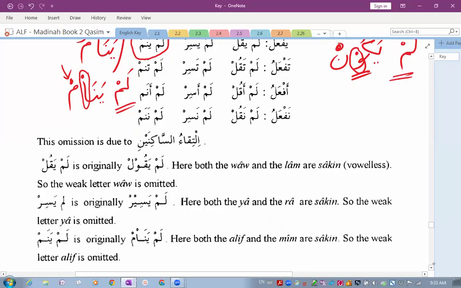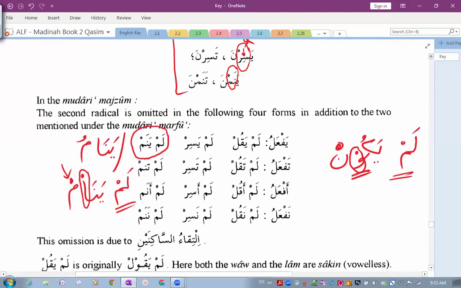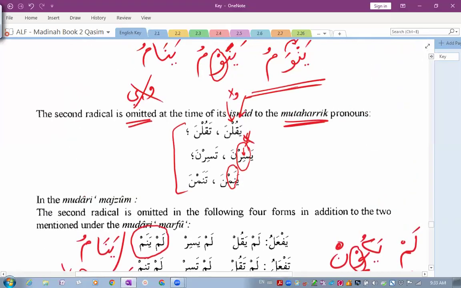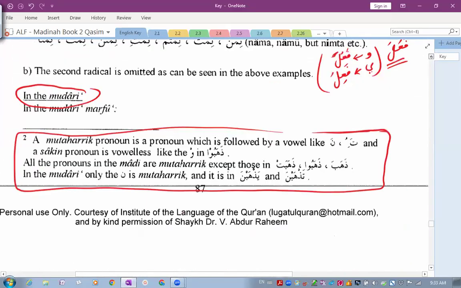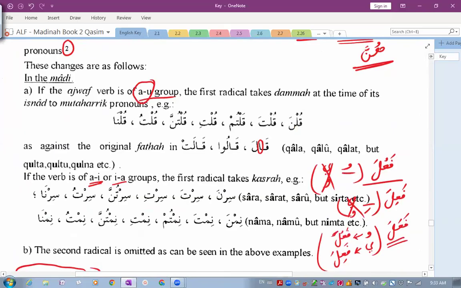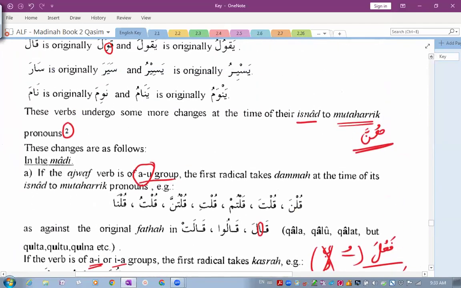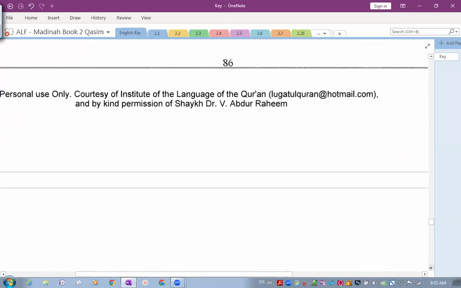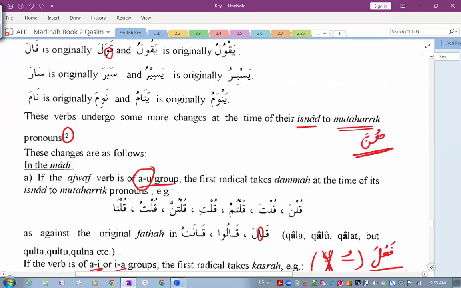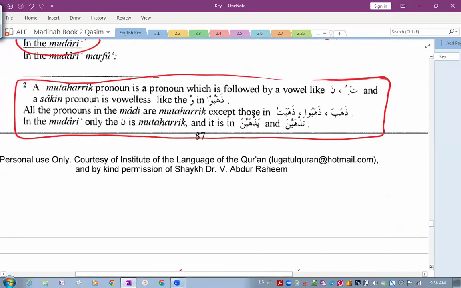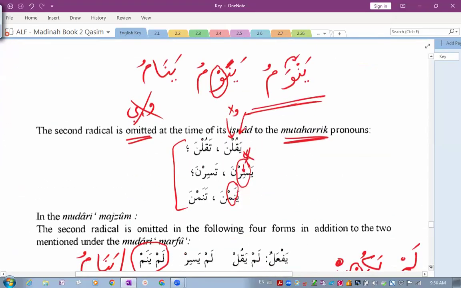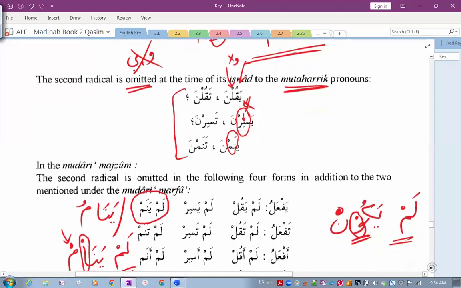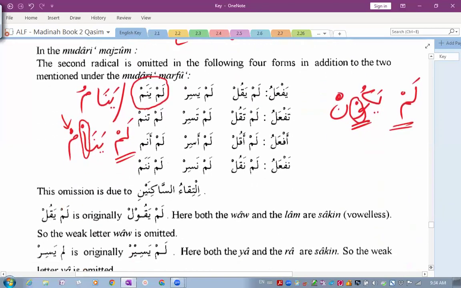But I think with the mudare, what I have learned is that if it is from bab nasara or karuma, where the middle is coming with dhamma, then only we are putting it. That is correct. Yes. So remember we said over here somewhere that going with the waw will not work because nama is nimna. So that is correct. We are putting nimna, na? Yeah.